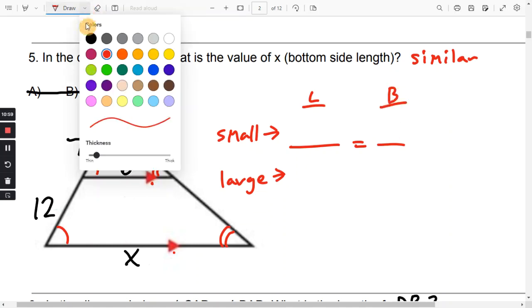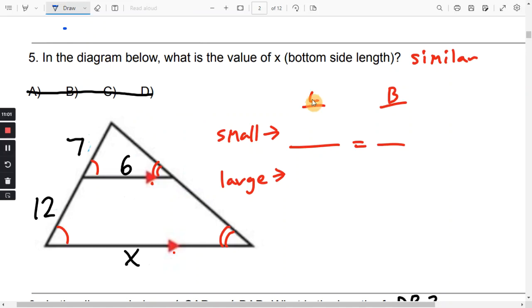The left side of the small triangle is this right here, that's 7. And the left side of the large triangle, that's going to be 7 plus 12. So that's 19. On the bottom of the small, right here, we got 6. The bottom of the large, right here, we got x.